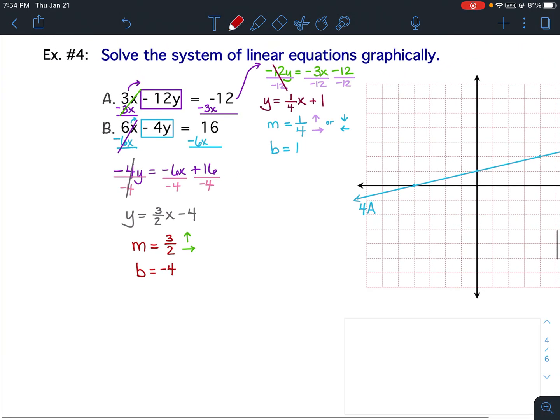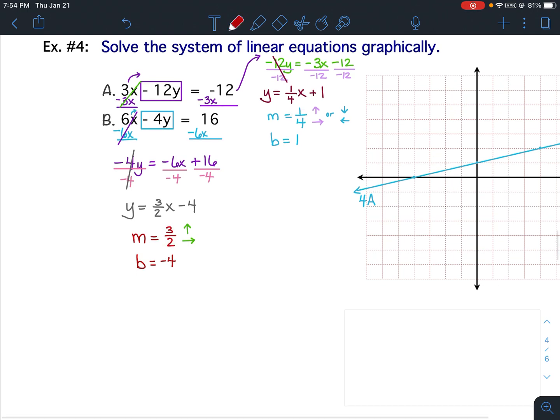Now, before I graph this line, let's compare our slopes. This slope is 3/2. This slope is 1/4. When your slopes are not equal, you have intersecting lines.